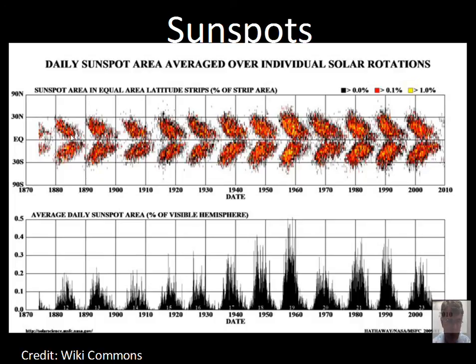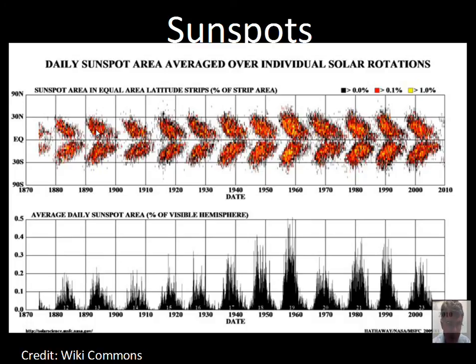But back to the diagram up here, the sunspots start a cycle around 30 degrees latitude, either north or south. As the cycle continues, the spots form nearer to the solar equator. And then there's a time when there are no sunspots. Then we get the sunspots occurring again. This takes about 11 years from the start of one cycle to the start of the next cycle.